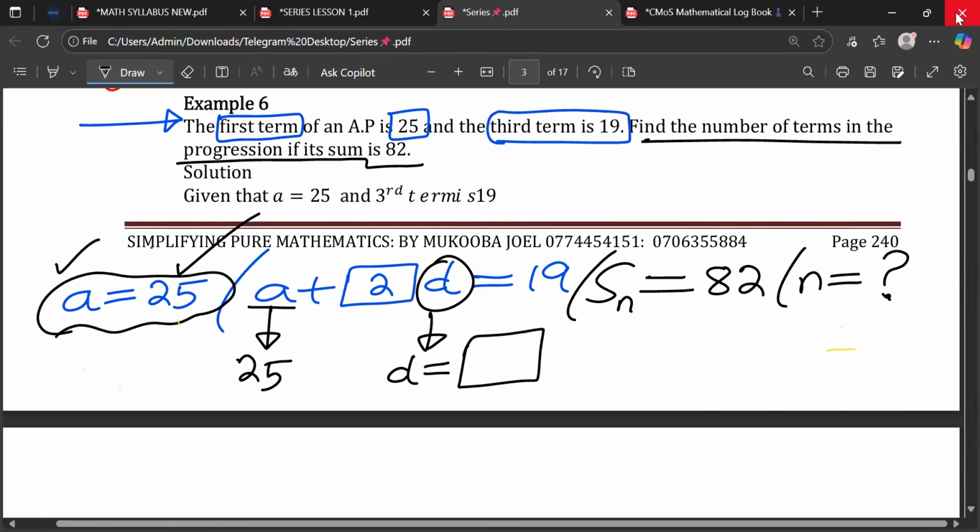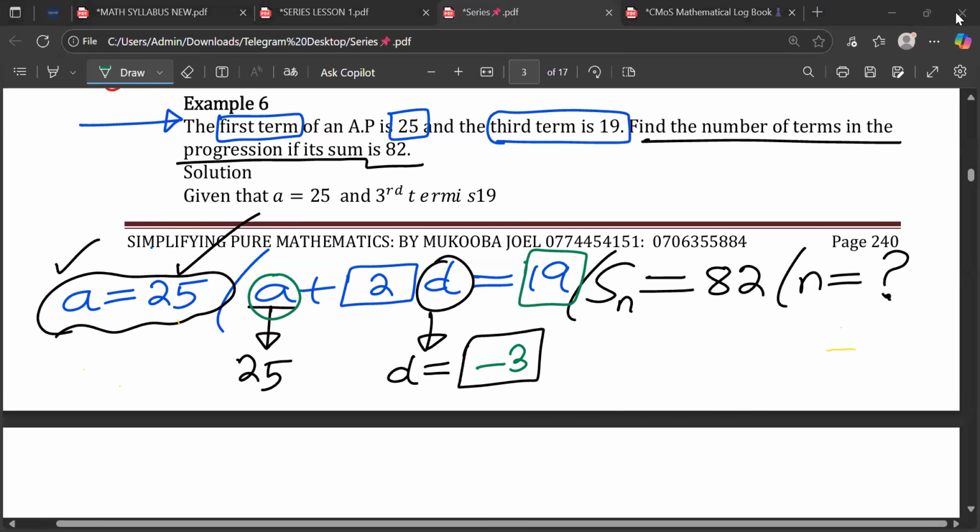What is the value of d? 19 minus 25 over 2, negative 6 over 2, negative 3. So you have d as negative 3.